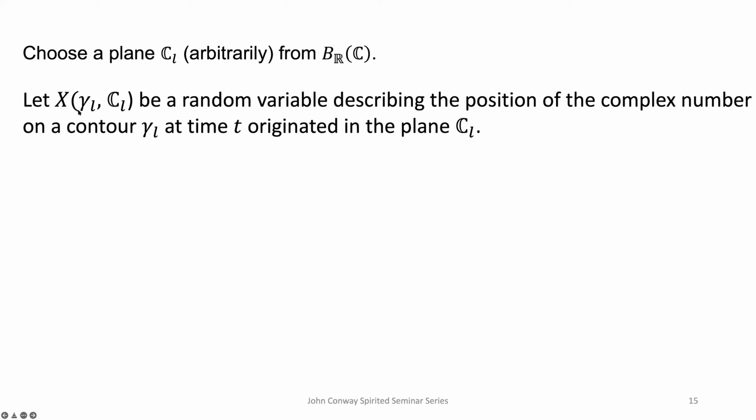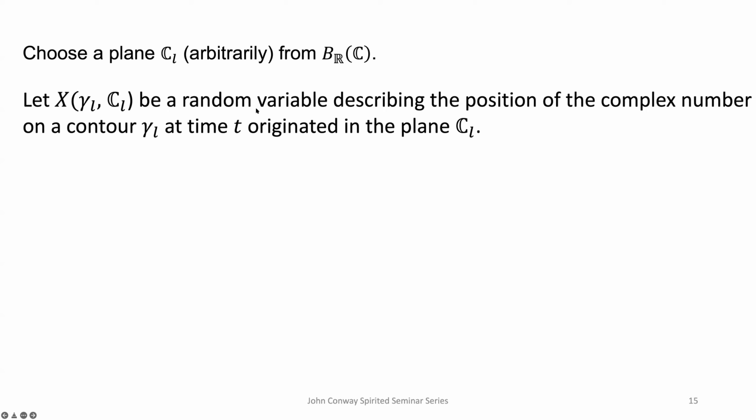So now let us denote a random variable. In general it's a real valued function, but here it describes the position of the contour, because this becomes now a complex valued function, X of gamma L CL. That's the random variable we introduced.